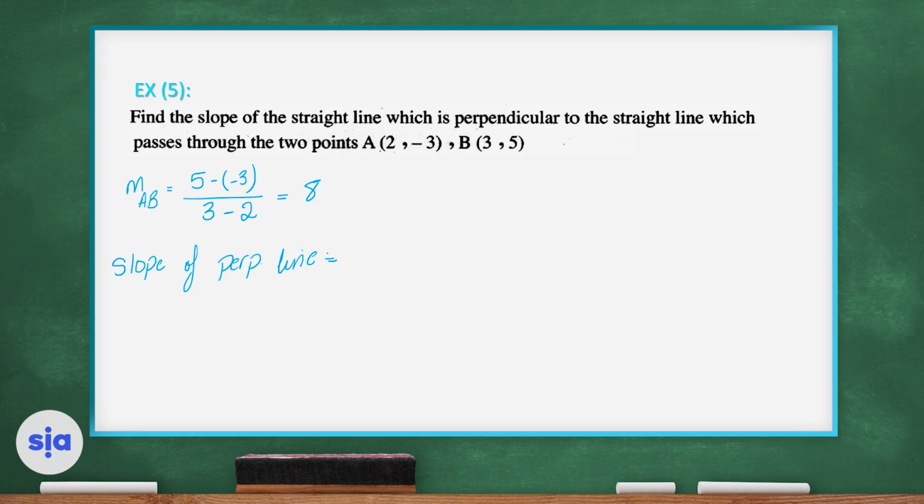But if I have one of them, to easily get the slope of the other line, you can just get the negative reciprocal. What do you mean by the negative reciprocal? You switch the sign. If it was positive, make it negative. If it was negative, make it positive. And flip the number. So here, the slope was 8. Then to find the slope of the perpendicular line, you switch the sign and flip the number. So the slope now is -1 over 8.